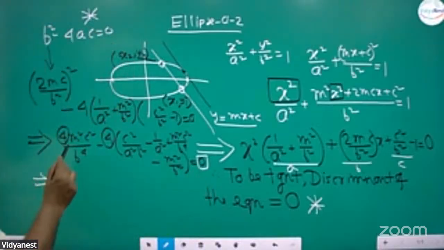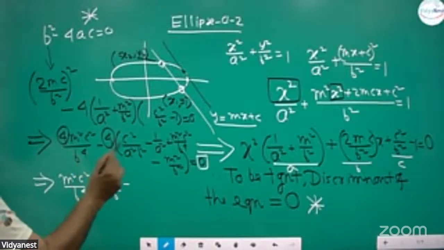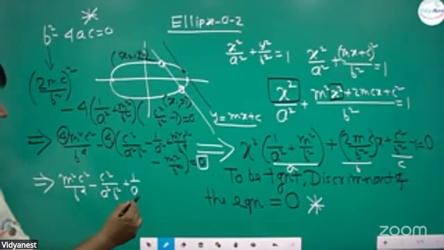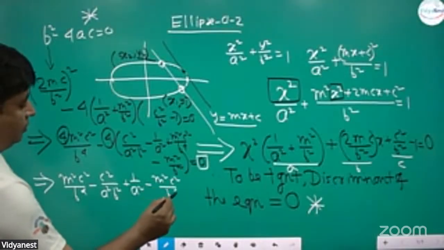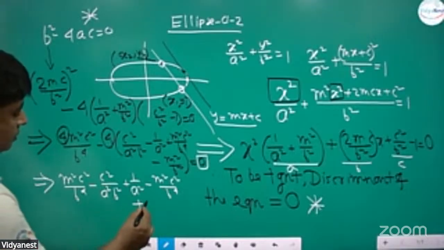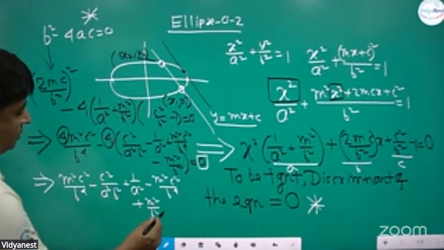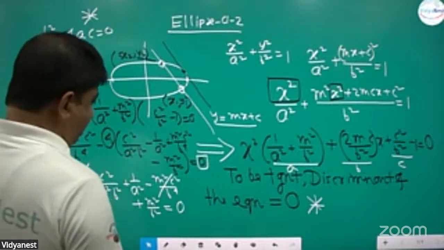So what simplification is waiting for us? You remove the brackets. c square a square b square minus minus plus b to the power 4 plus m square b square. Anything to be cancelled here? That part to be cancelled. Now what is left for us?